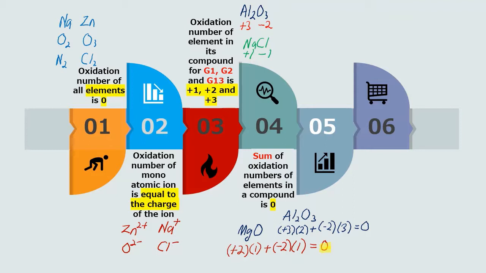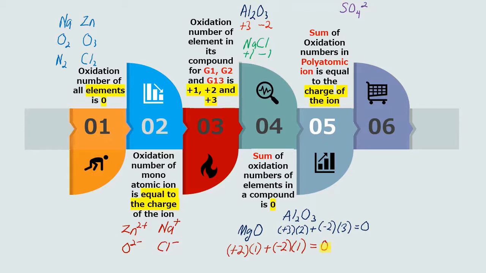Now let us see the fifth rule. The sum of oxidation numbers in a polyatomic ion is equal to the charge of the ion. Let's say we are calculating the oxidation number of sulfur in sulfate ions.